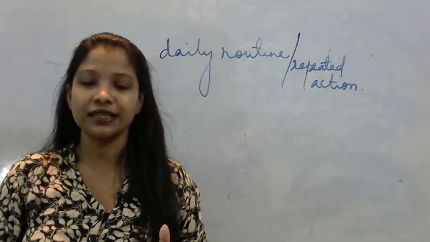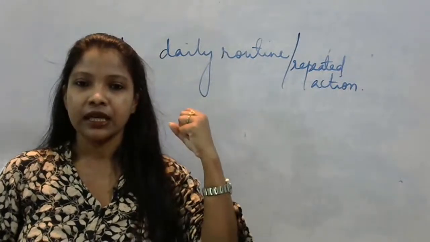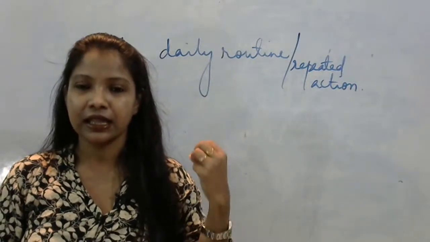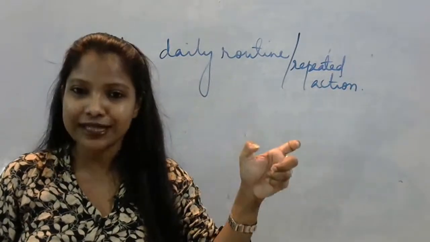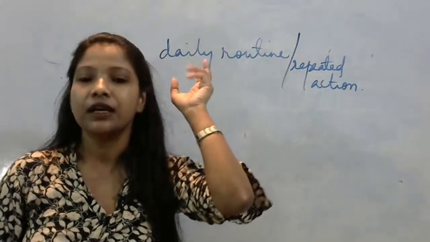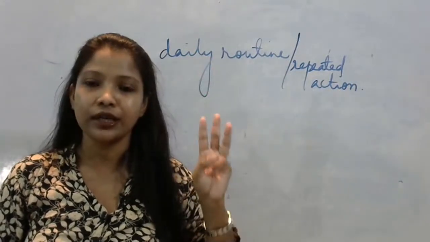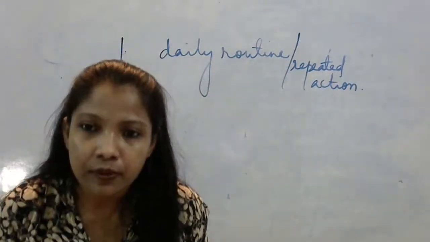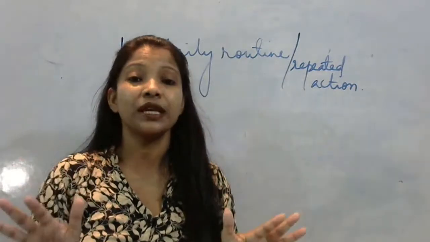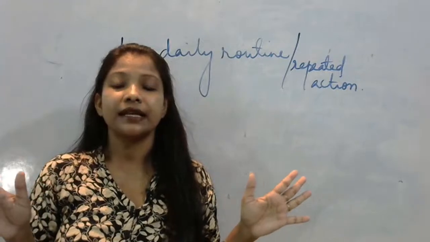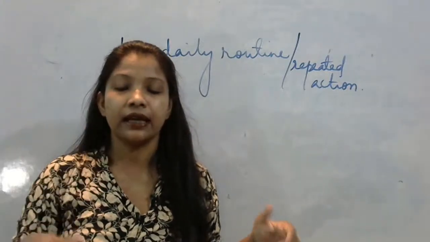Your next task is write down 3 sentences on your daily routine. That means you have to write down 3 sentences on daily routine. 3 things that you do on a daily routine. Now listen to me. Do not write sentences like I brush my teeth, I get up from bed.